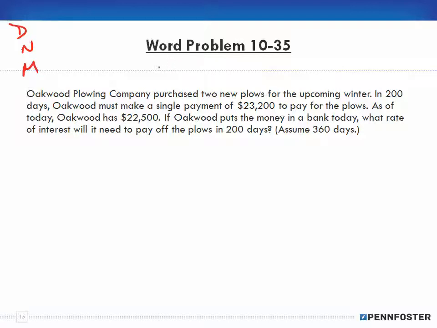So we know our formula is interest is equal to principal times rate times time. And we look at this here and we see that there's 200 days, so that's our time. Must make a single payment of 23,200, so that's at maturity. And right now he has 22,500.